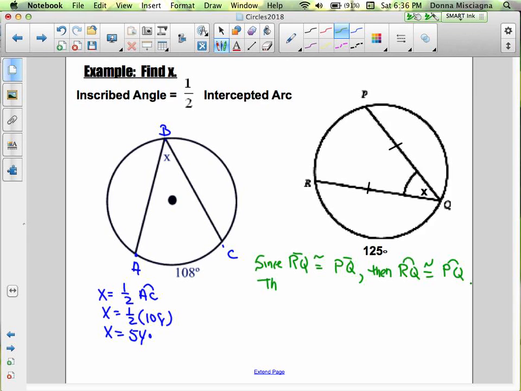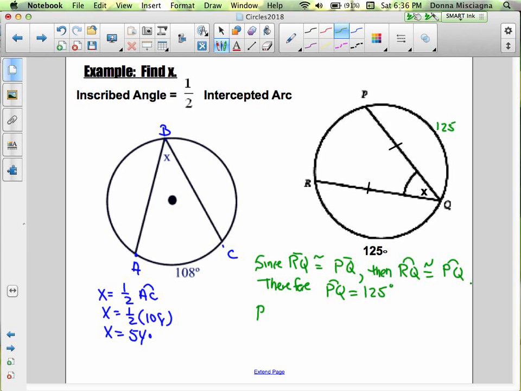So therefore, arc PQ is also equal to 125 degrees. Right, now we need to find the measure of the last arc in the circle, PR. Together the three arcs equal the whole circle.